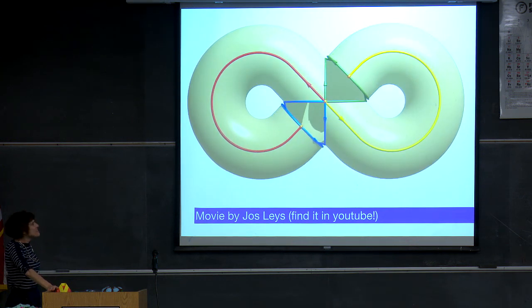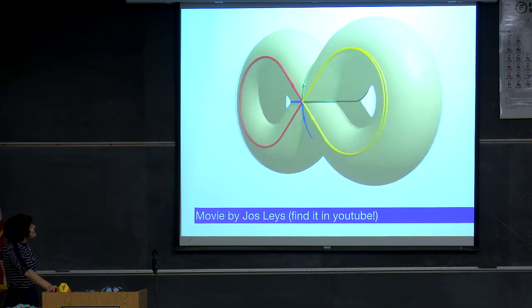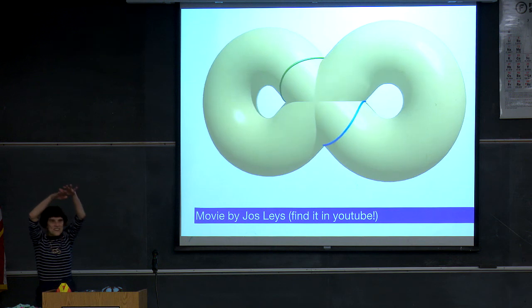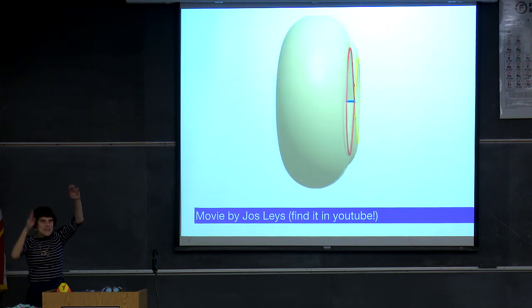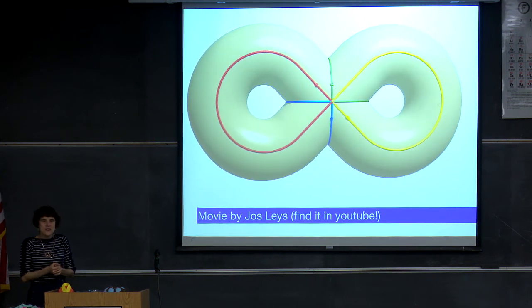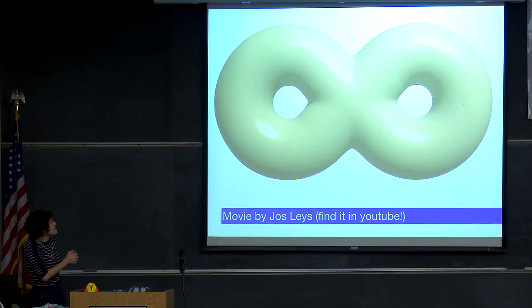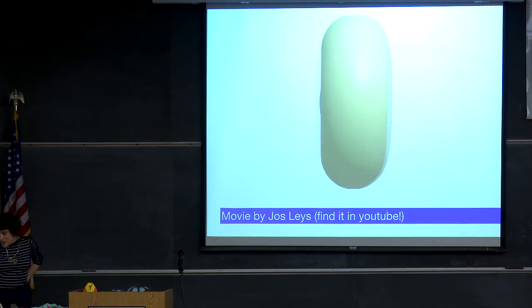But again, remember, it started with an octagon and certain pairs of edges that you have to glue. Here we're gluing without twist, but because we are in R3.